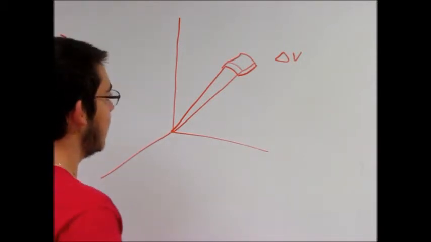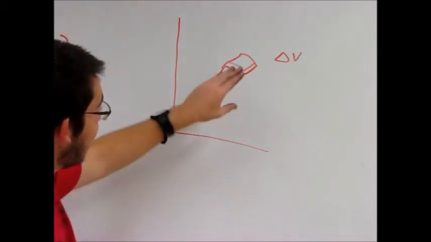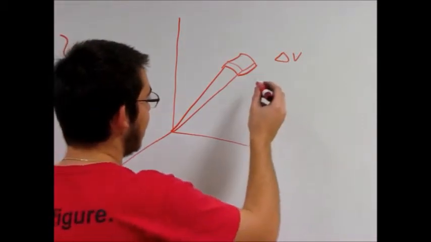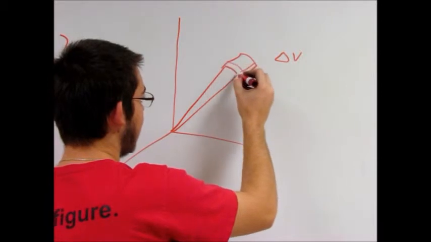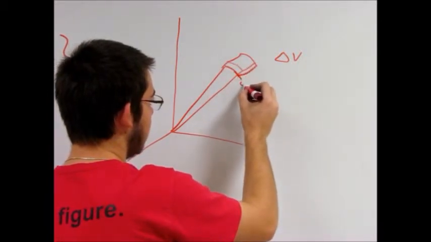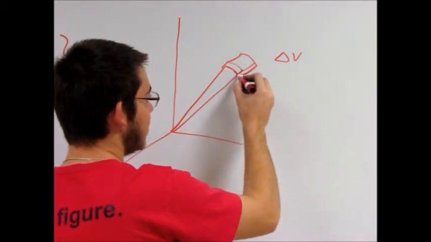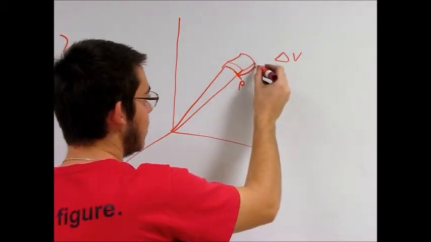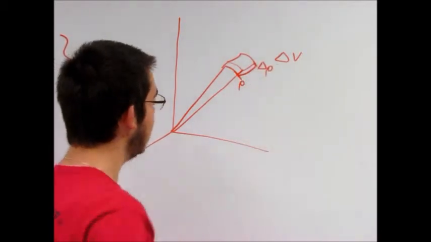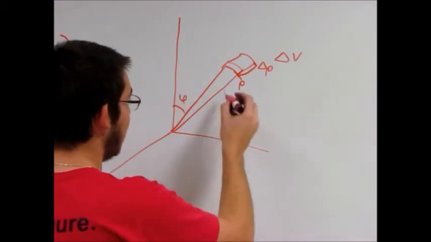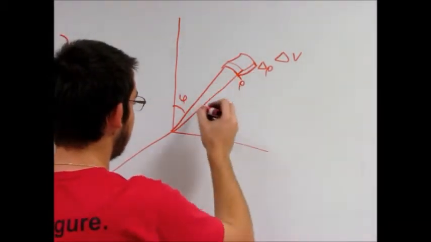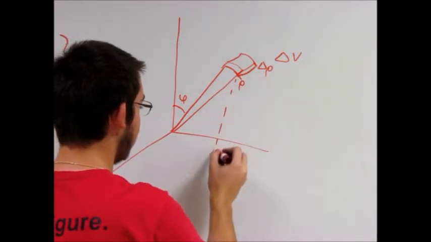Let's start labeling things a little bit. This is the rho value right here. This is the slight increase, delta rho. Here's phi, and this thing right here, drop it down.